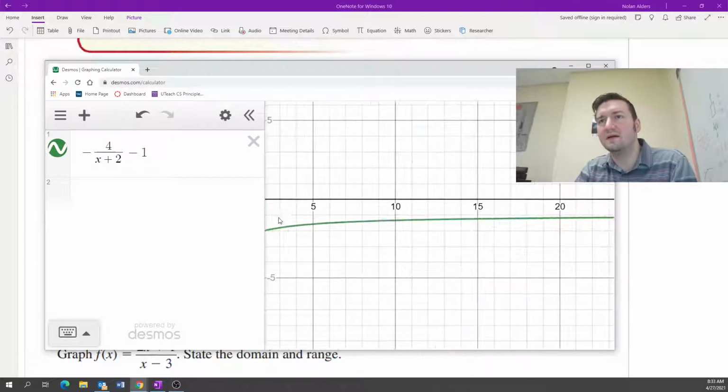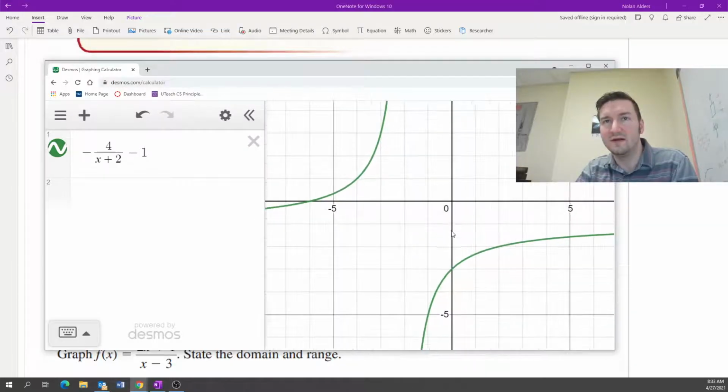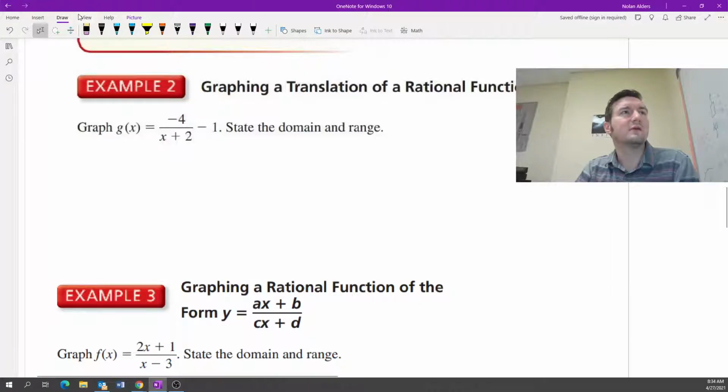I don't know if you can see this, but that is this line right here, at -1. So we could write our range as greater than -1 and less than -1, but it's not equal to -1. So we could write the range as y is not equal to -1.